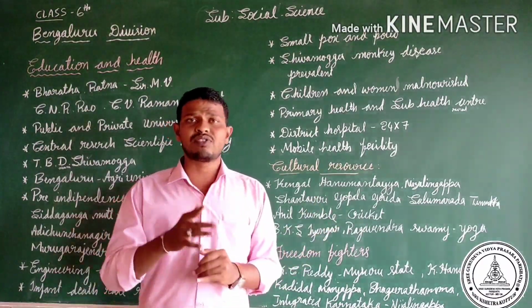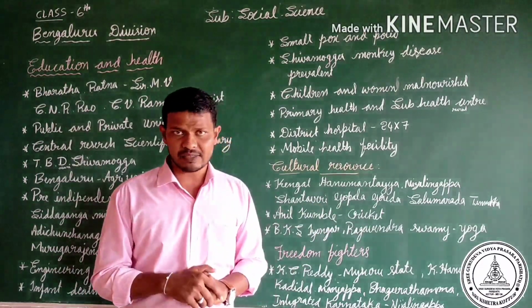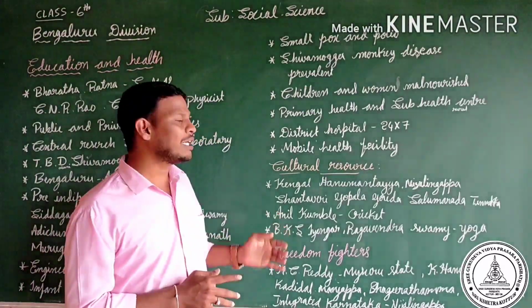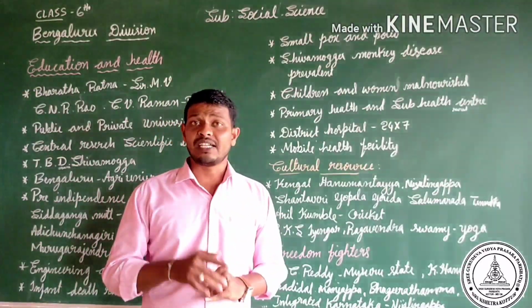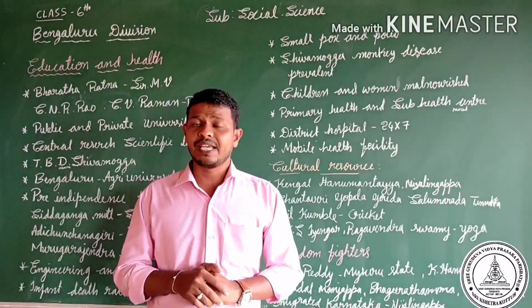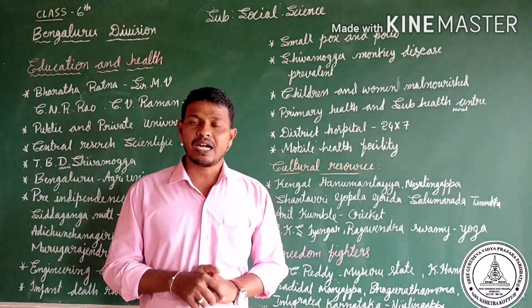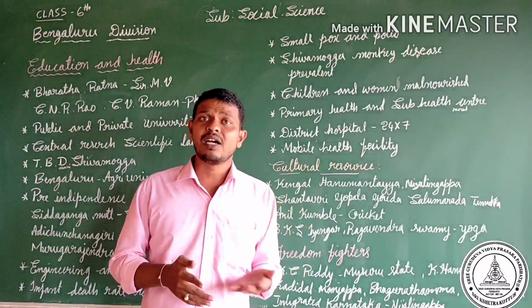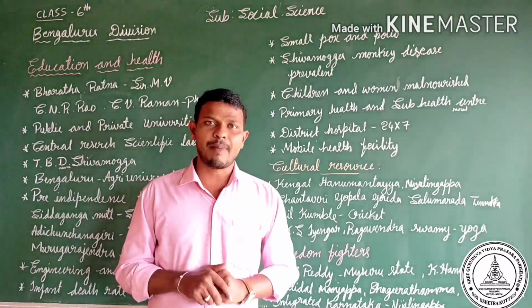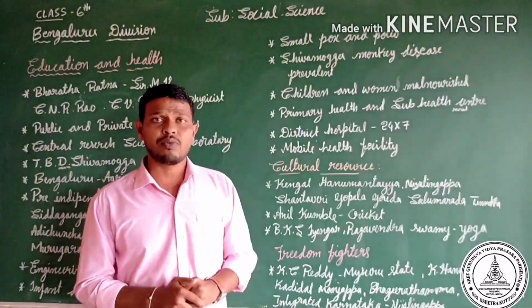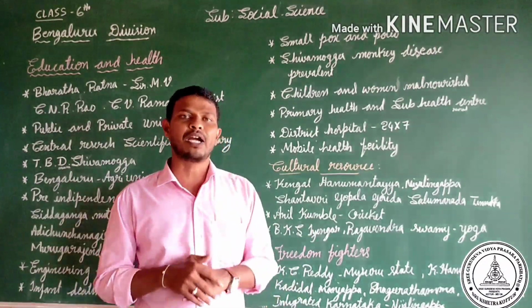These people also gave a good contribution to Bengaluru division. Like that, Anil Kumble. As you know students, Anil Kumble is one of the greatest cricketers. He is the greatest bowler in India and he took 10 wickets in the Pakistan match. So Anil Kumble is also one of the greatest persons from Bengaluru itself.